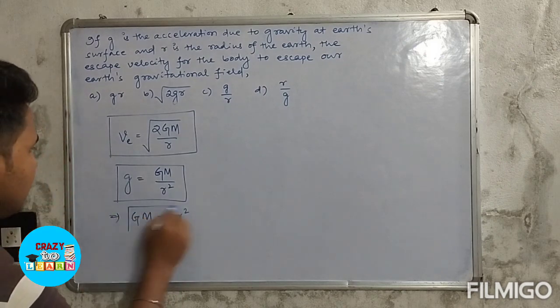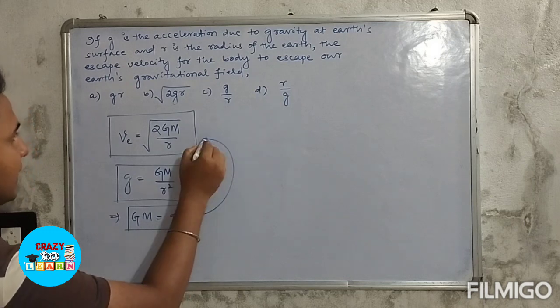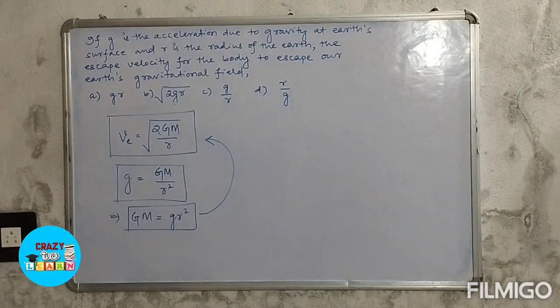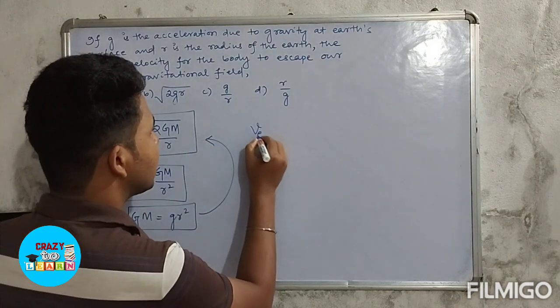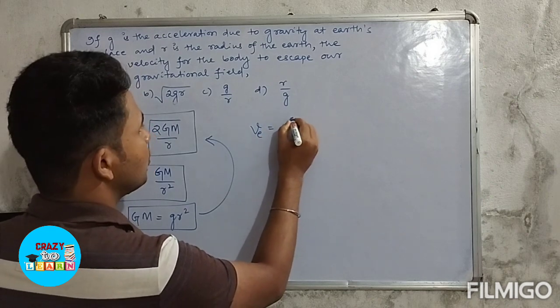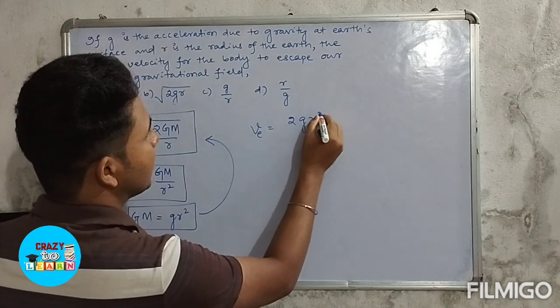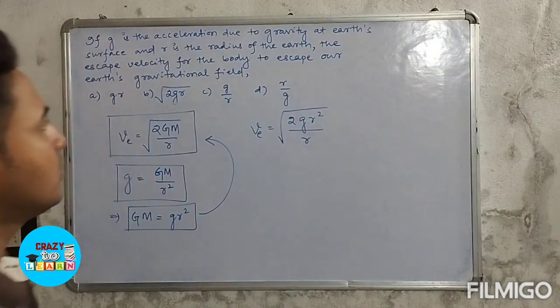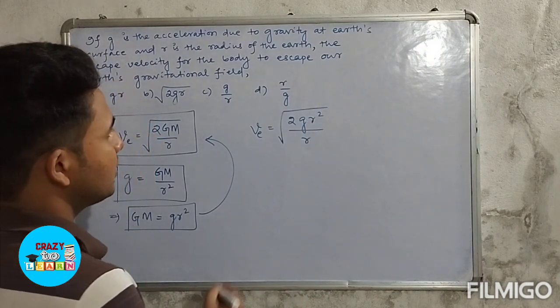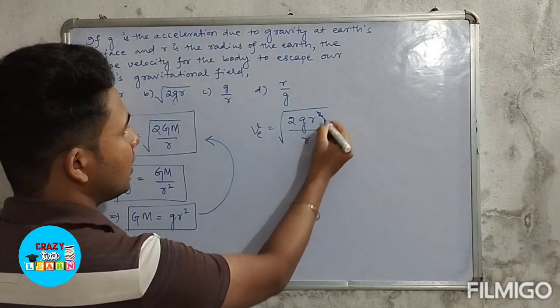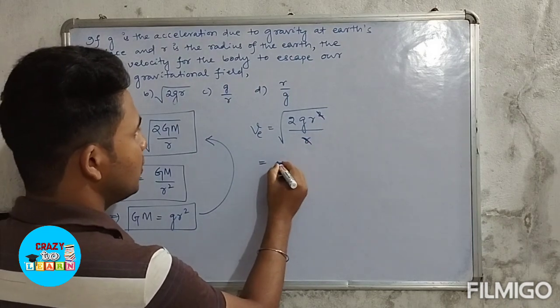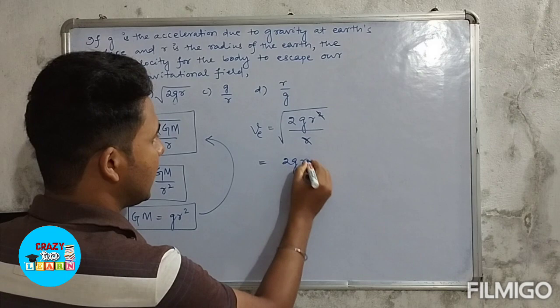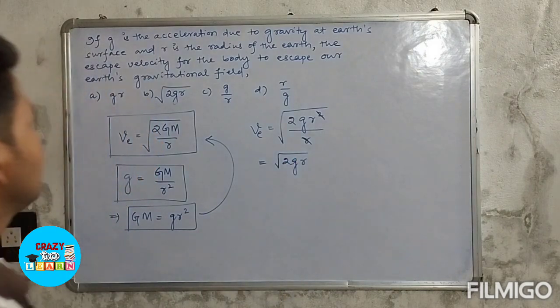So put this value of capital GM in this formula, so we will get the escape velocity is equal to square root of 2g r square divided by r. When r will be cancelled, we will get square root of 2gr.